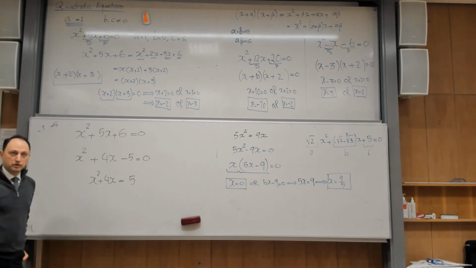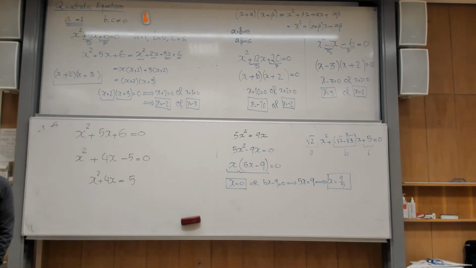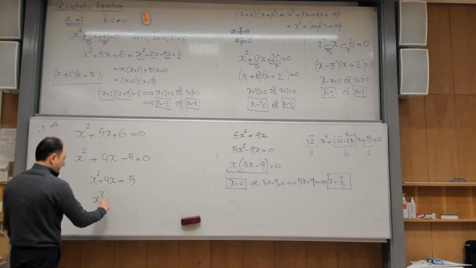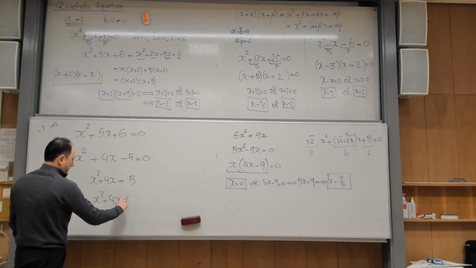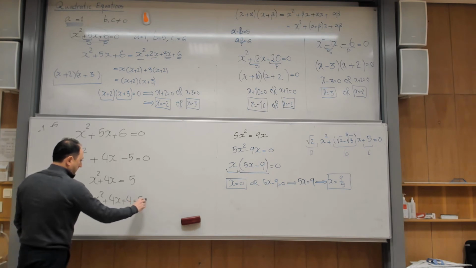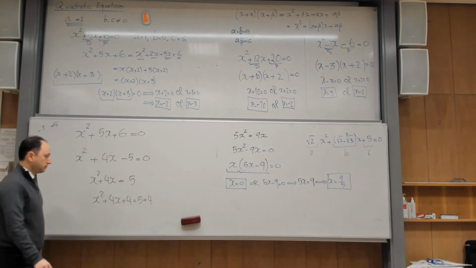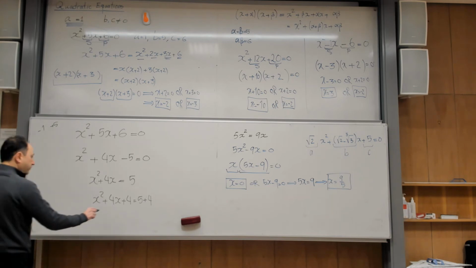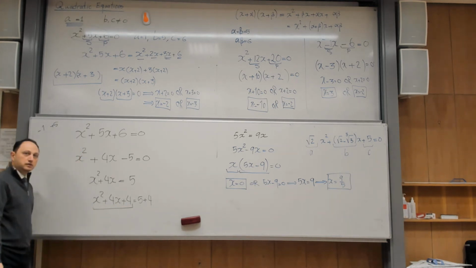I add 4. Why 4? Why was 4 good? Yes, Ali? So you can use the squaring rule on the left side. So this forms a squaring pattern.